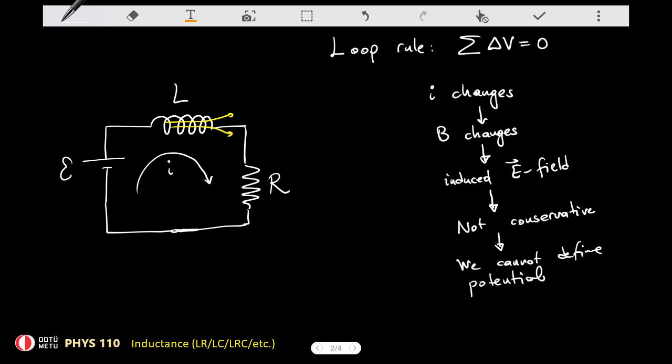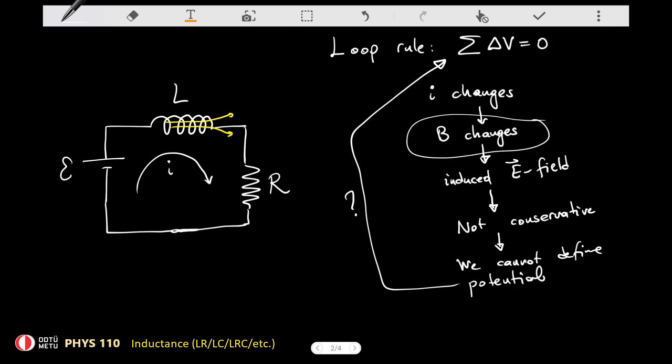So that's a very important thing. As a result, since we cannot define potential, we cannot write down these changes in the potential or things like that. So that's the basic problem in here. Whenever there is a change in the magnetic field, that's the critical point, the potential concept cannot be defined.